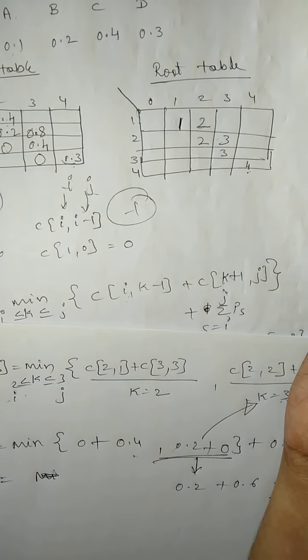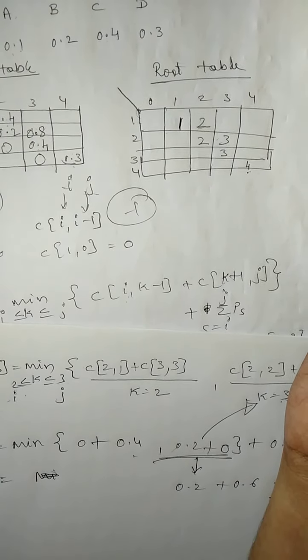Now, what after this? Look at the root table of 1 comma 4. What is R of 1 comma 4? It is 3. What do you mean by this? So here key 1 and here key 4.